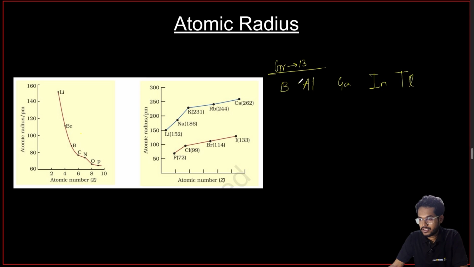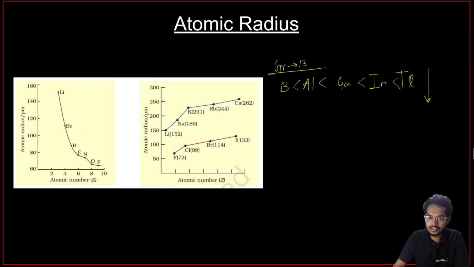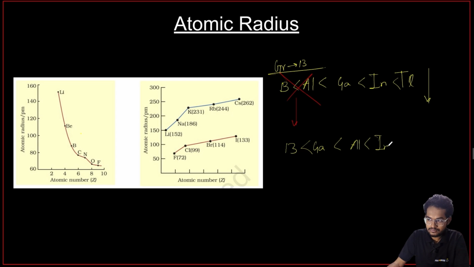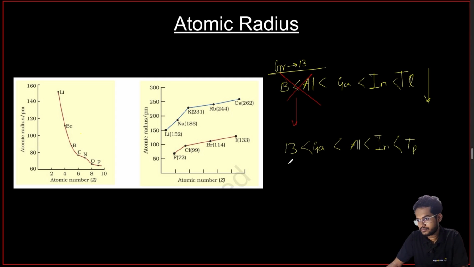So you may expect it to be like this, right? Because it's down the group, but it does not hold here. The correct one here is boron, gallium, aluminium, indium, thallium. This one is your correct one.